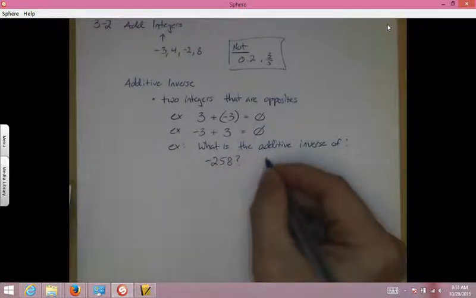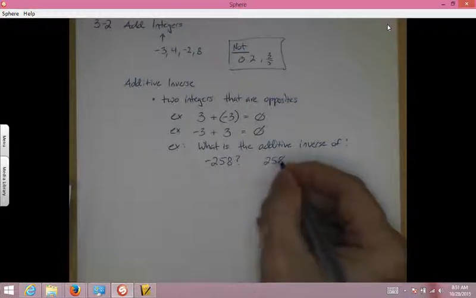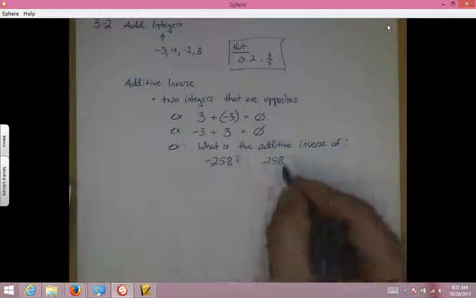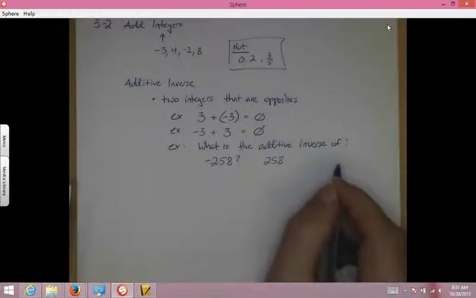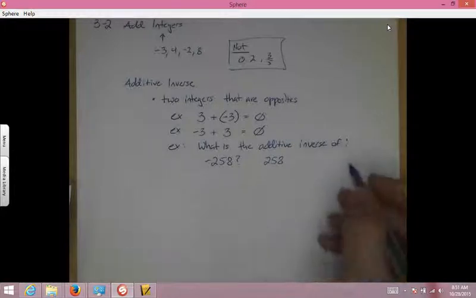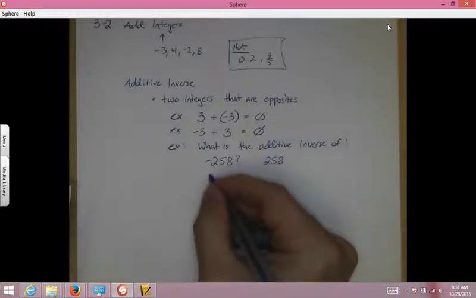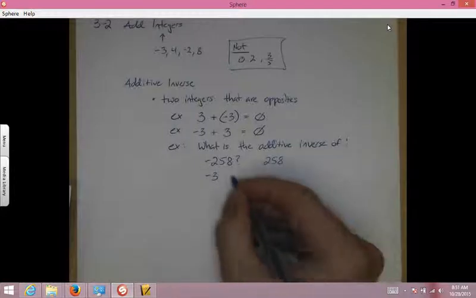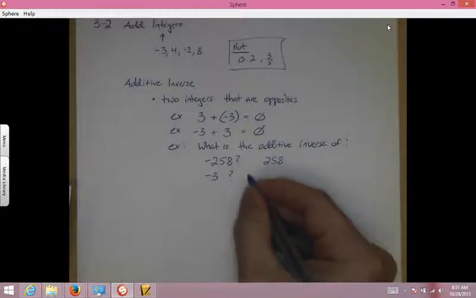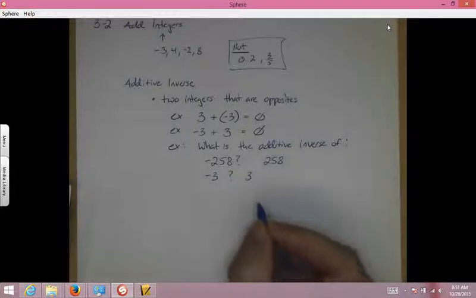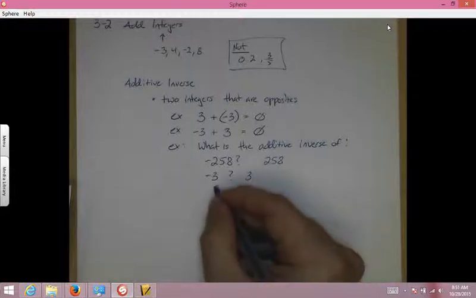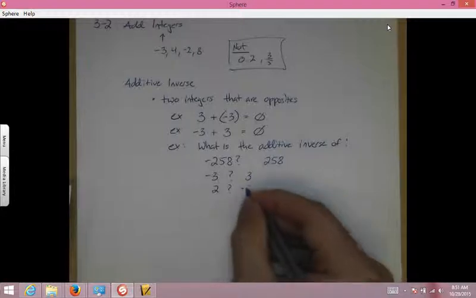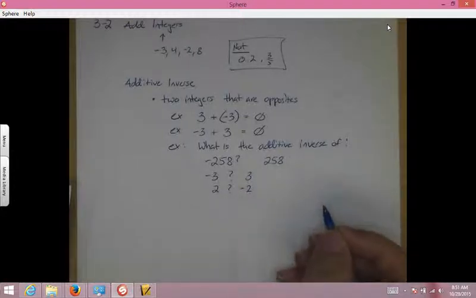And you say, okay, cool, it's 258. And since this is negative, this is positive, yay, done. What is the additive inverse of -3? Well, kids, what's the opposite of -3? +3, yay. What's the additive inverse of +2? What's the opposite of +2? -2, yay. Okay, that's additive inverse.